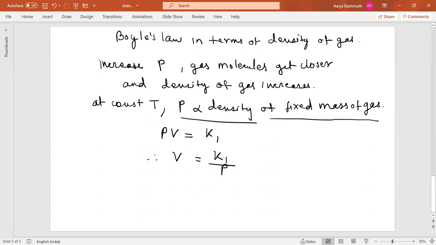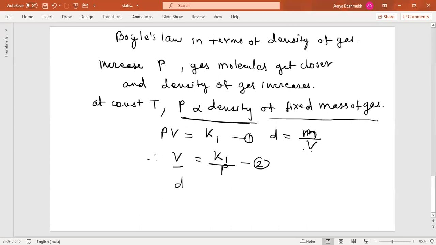But we know that density equals mass upon volume. Now, if this equation is number 1, this is equation number 2. On substituting V, if you rearrange this, D equals mass upon volume.